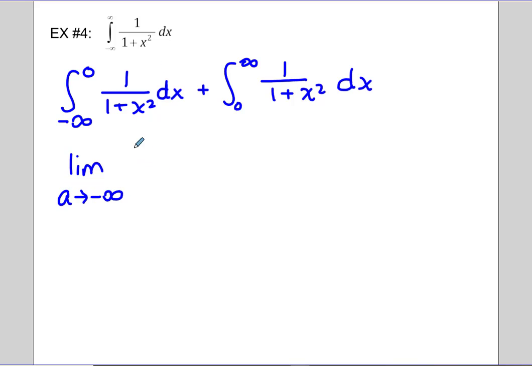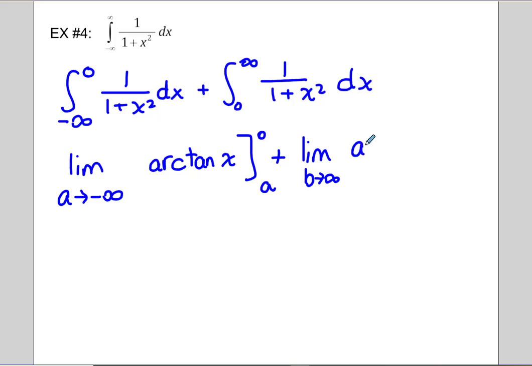So this looks like arctan. And that's going to go from a to 0, and then this one we'll use b. So the limit as b goes to infinity of arctan, evaluated from 0 to b.